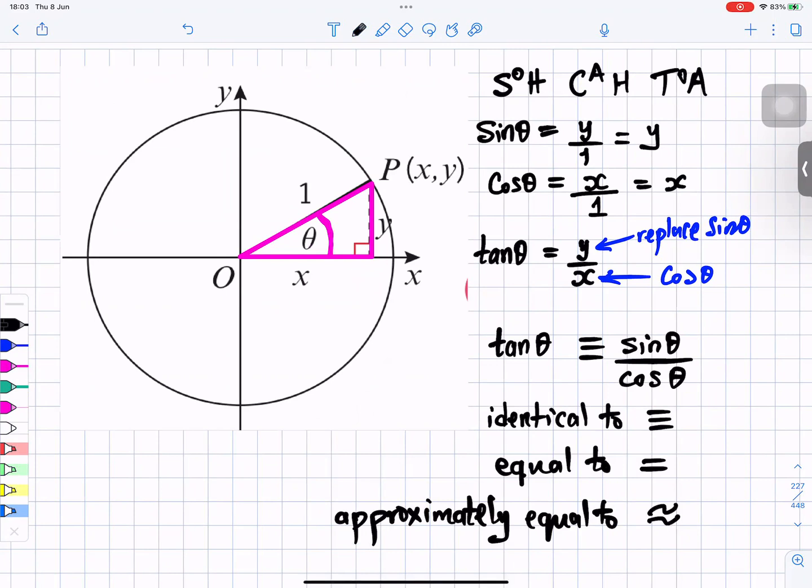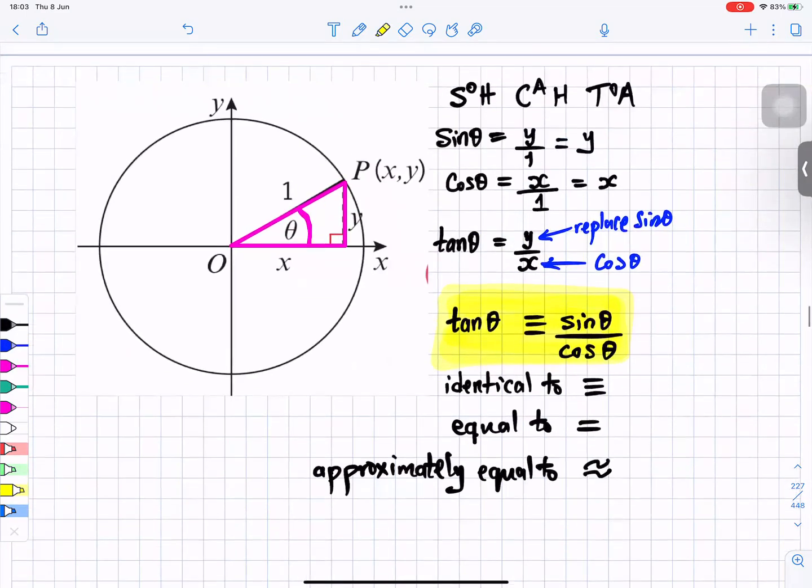So those 3 symbols, you see them in maths. And we always use equal to because that's the most common one. So now you know one identity there, this one. This is called an identity, which you must learn and memorize.